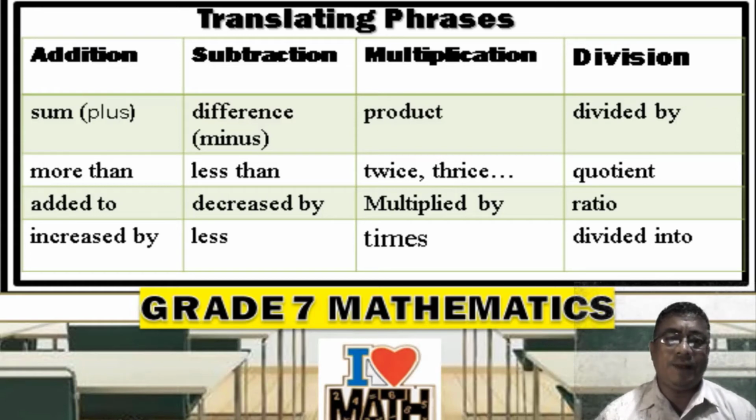For subtraction, we have the difference, minus, less than, decrease by, less. For the multiplication, we have the product, twice, thrice, 4 times, 5 times, and so forth and so on, multiplied by, times. For division, we have divided by, quotient, ratio, divided into.